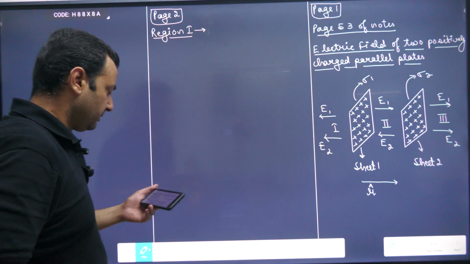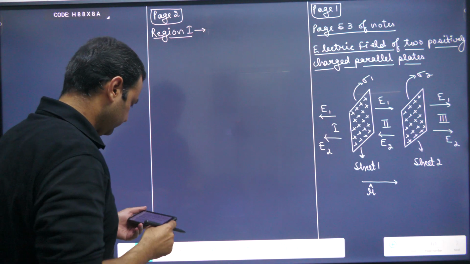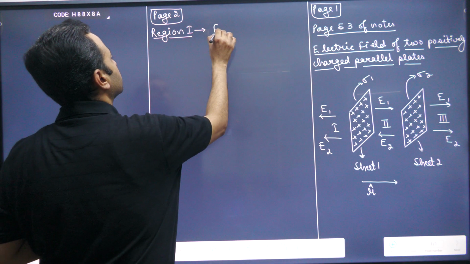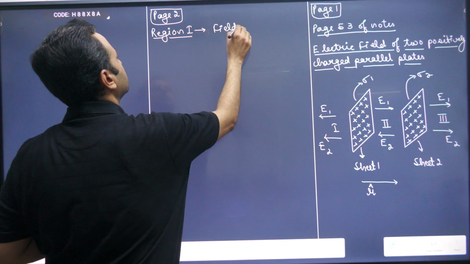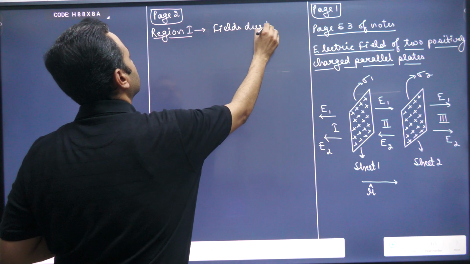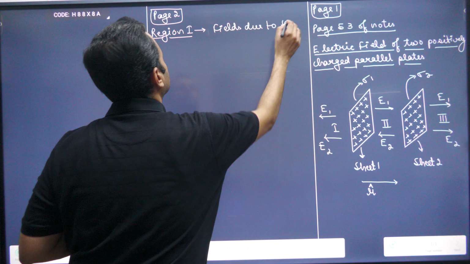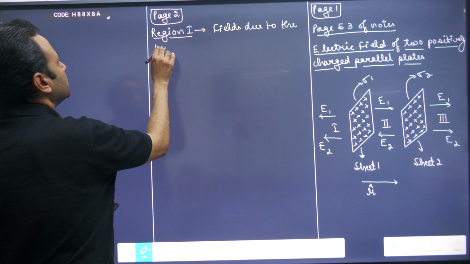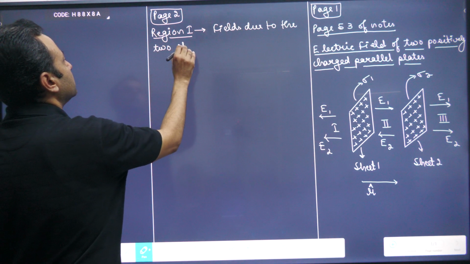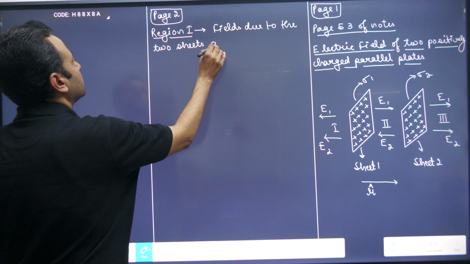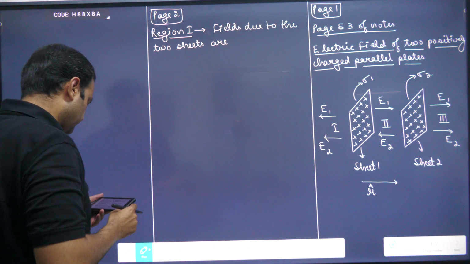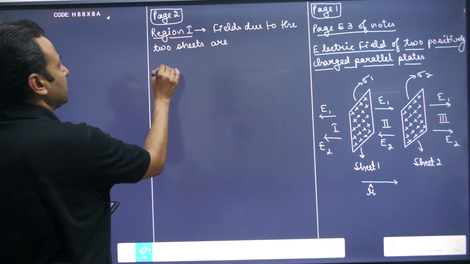Region first. Fields due to the two sheets are, first of all, E1 vector.